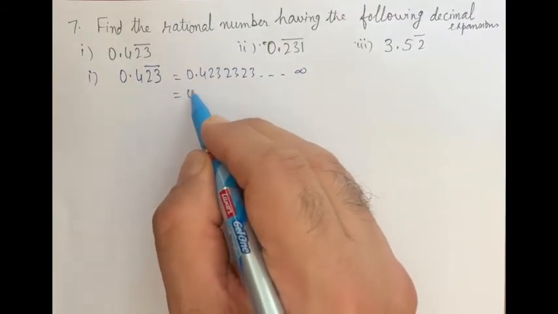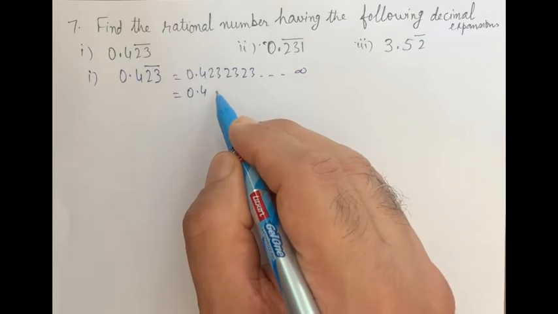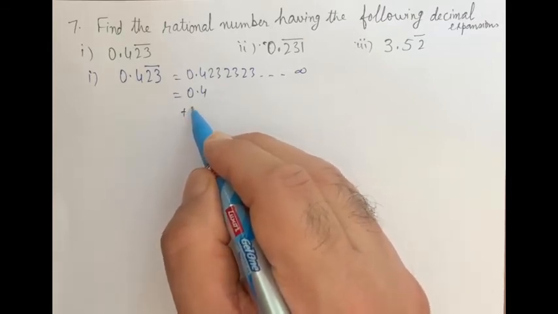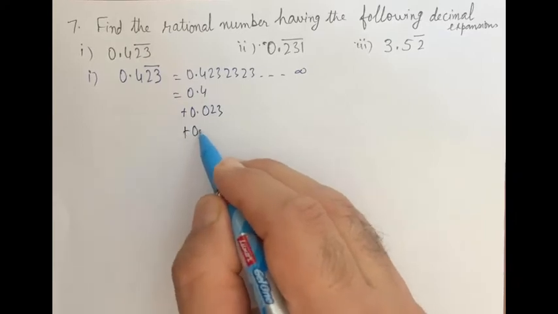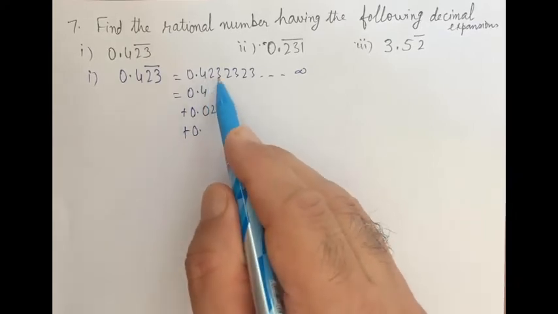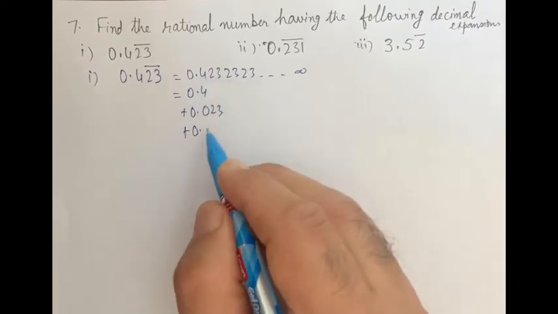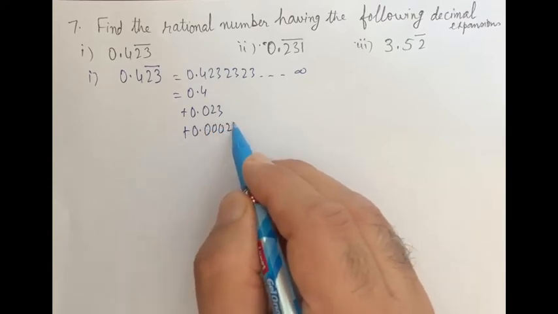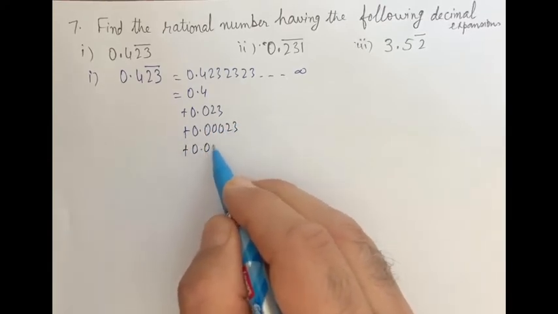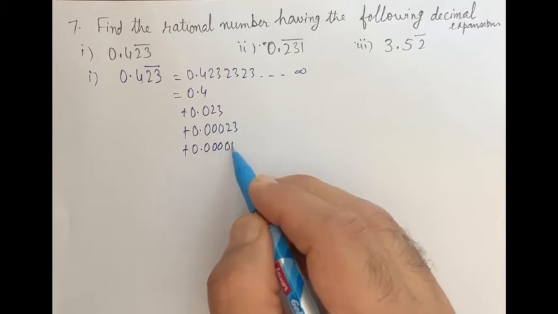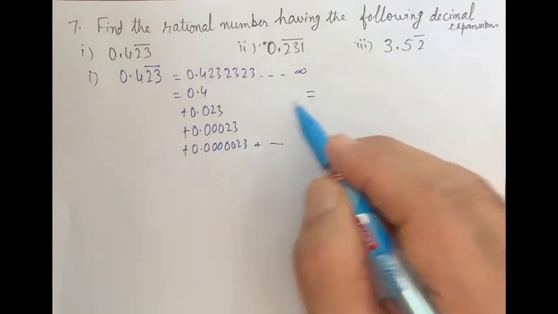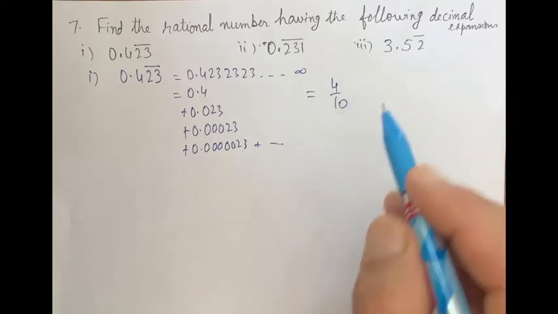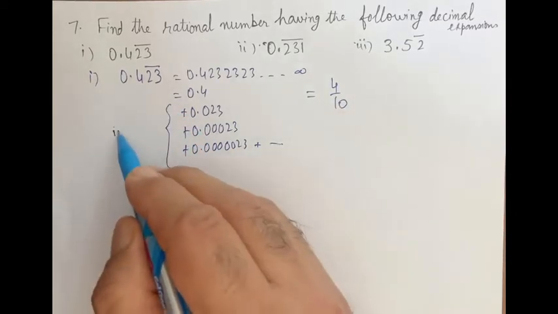This can be written as 0.4 plus 0.023 plus 0.00023 and so on. So this is 0.4, which is 4 upon 10, and this is an infinite GP.